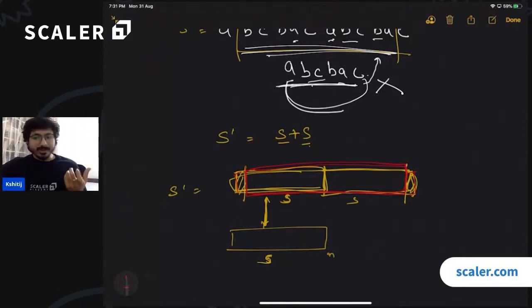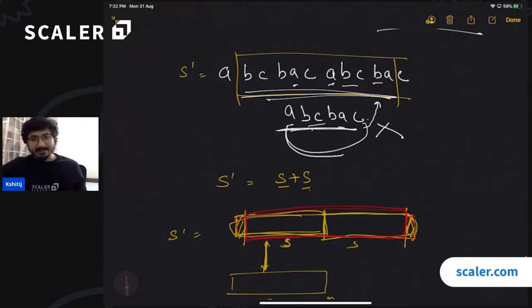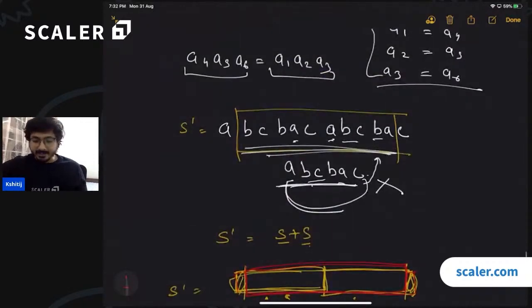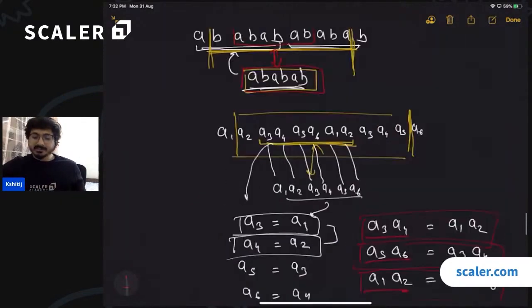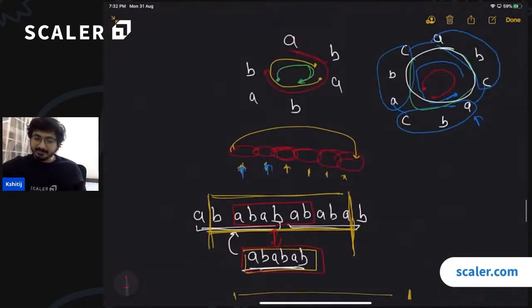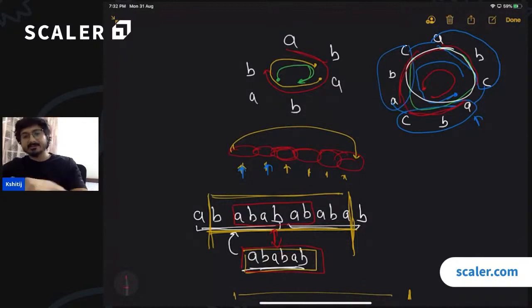If you remove any random character, first of all, what is the purpose of removing the character? Second thing is, if you remove any random character, does our initial observation hold true? What was the observation? The observation was that if these parts are repeating, then you will be able to find another occurrence of the string inside this circular string.